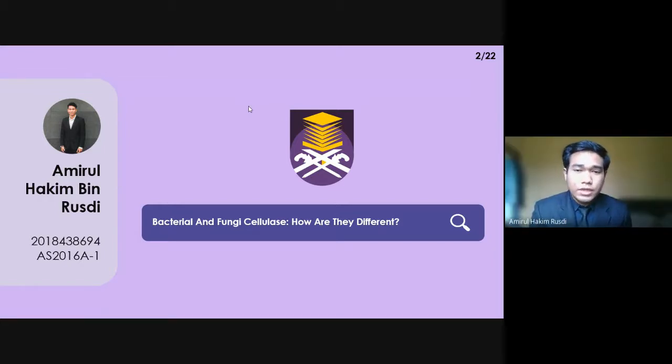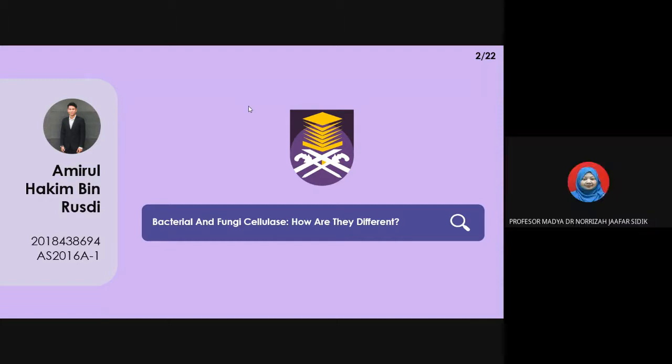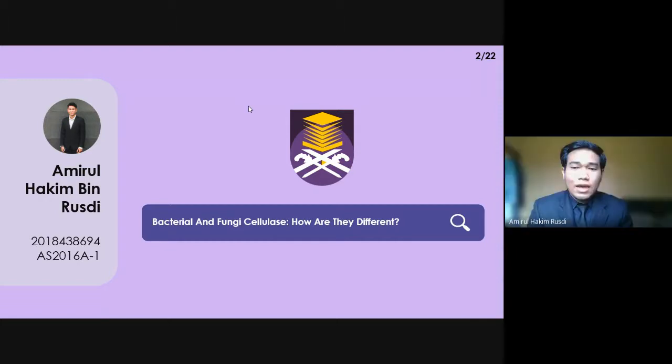In my research, based on my title, I do a general criteria to differentiate these both types of cellulase-producing microorganism. Okay. But in my research, I found out that fungal cellulase produce extracellular cellulase.